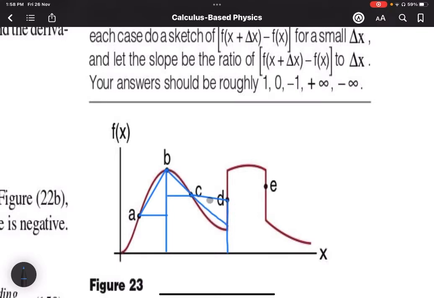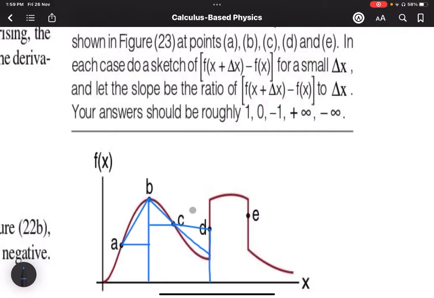Makikita nyo dito na halos magkapantay na sila. So, if we can estimate this, we will have a 0 para sa derivative nitong dalawa na to. At ito, obviously, up, we have a positive infinite initial final value. So, since siya straight, and then curve, then straight, we have a positive infinite.